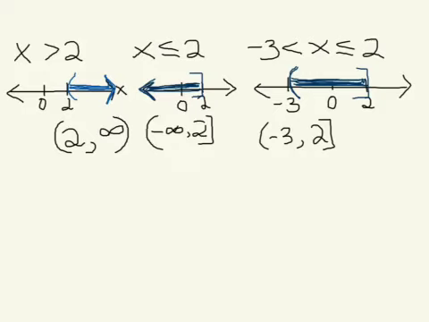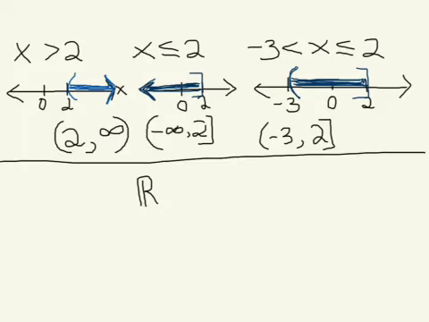Just wanted to also mention as a side note that sometimes you want to represent all the real numbers in a solution to a problem. In that case, if you get that given to you, one way you can represent it on a number line would be to just shade the entire thing.